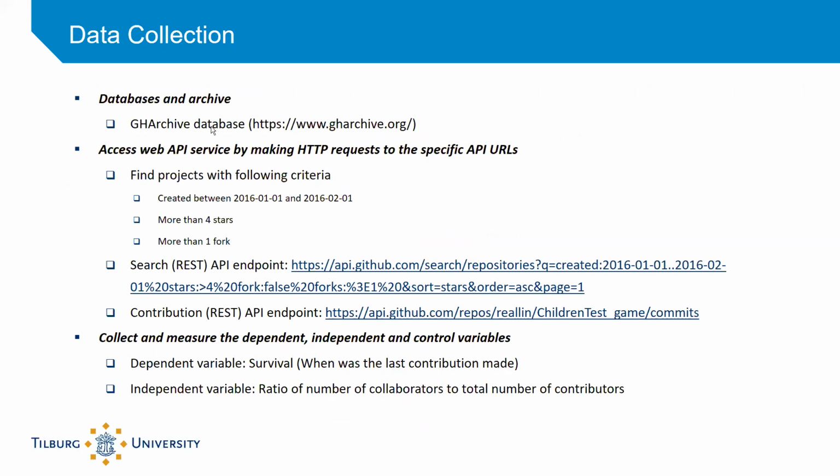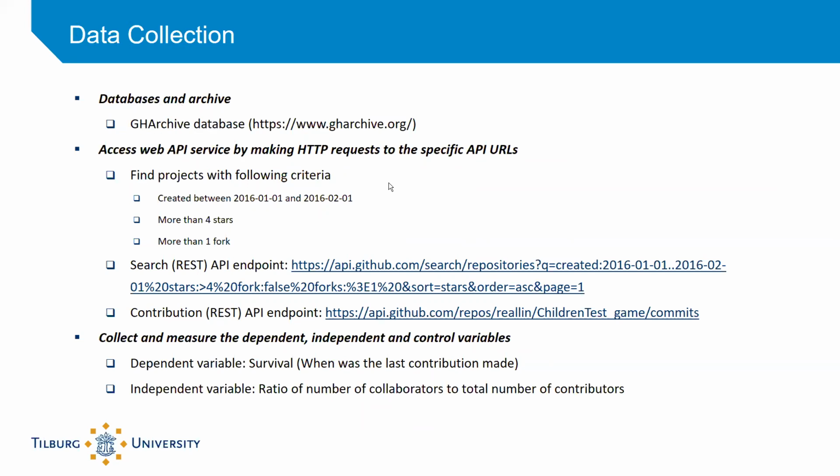One example is the GH Archive, or GitHub Archive, which is hosted on Google. The site that I took you to has a database called GH Archive that has data since 2012 or something. It has every open source project that was started on GitHub, and every event or contribution that's made on the project has been logged and archived in this database. So this is one place I can get the data.